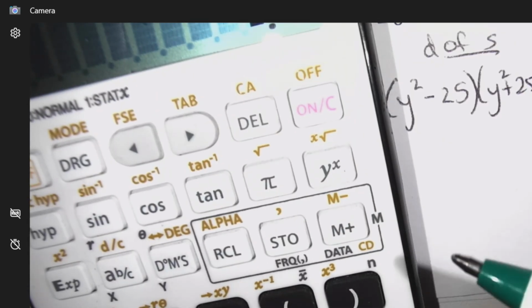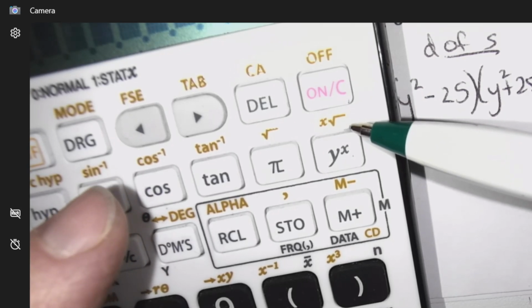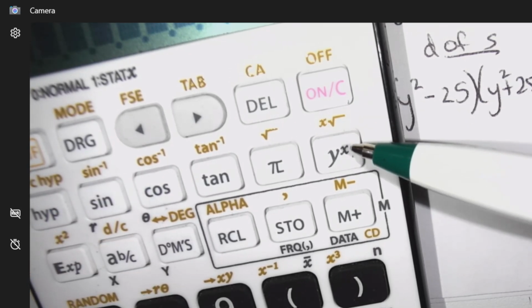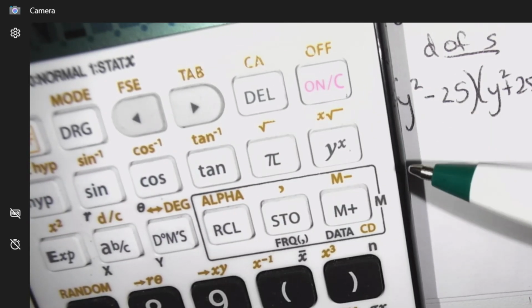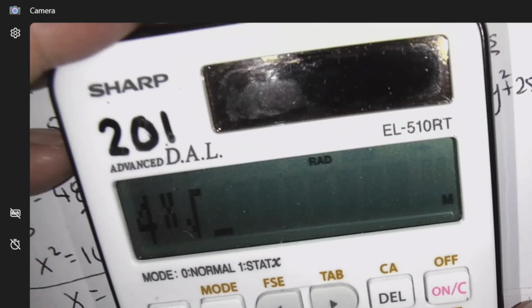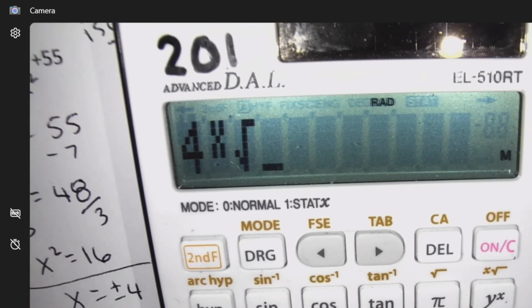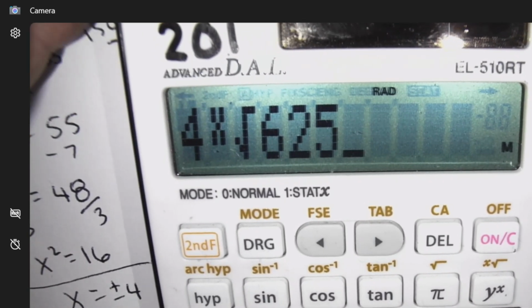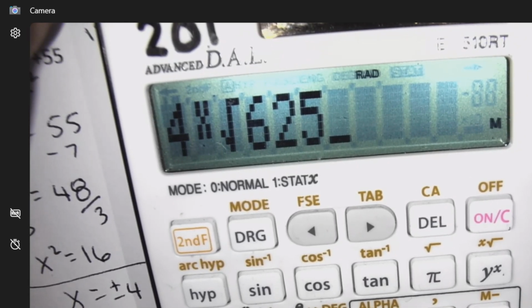So I have this button right here. X root. This is the X root. I could push 4 and then that button. So I had to push 4, X root. So that's that button. You have to push the 4 first.